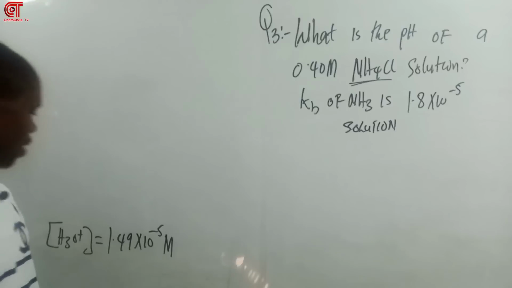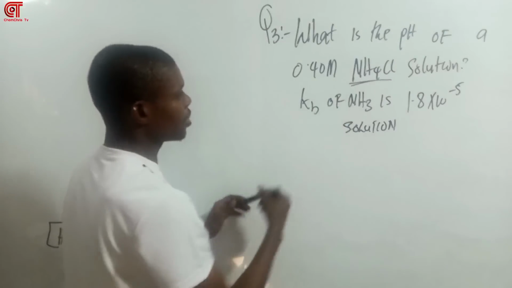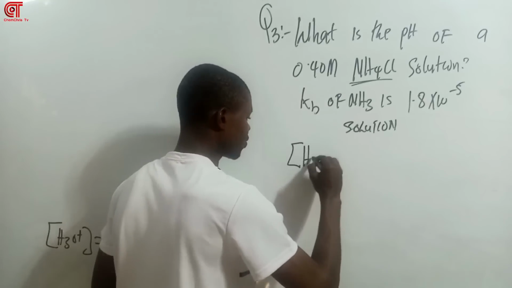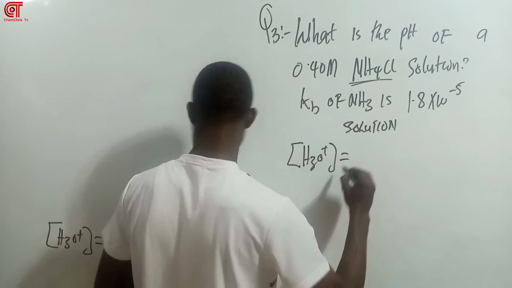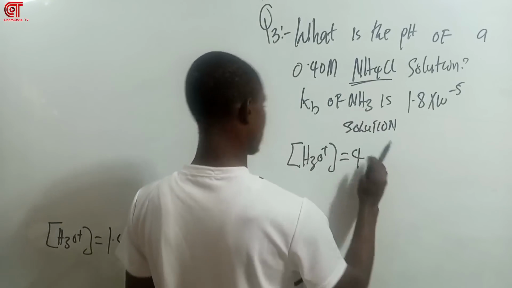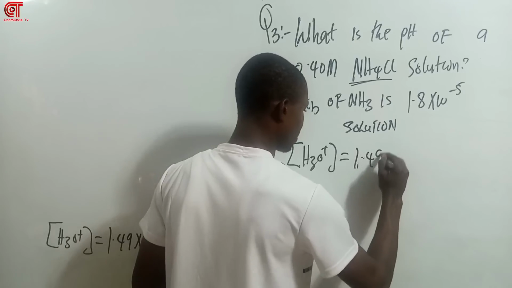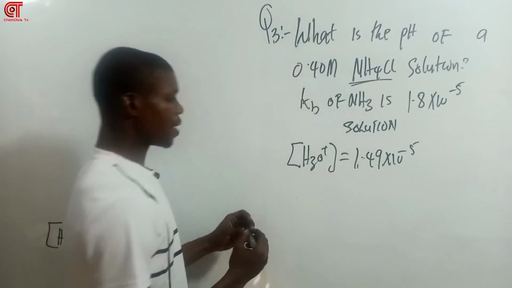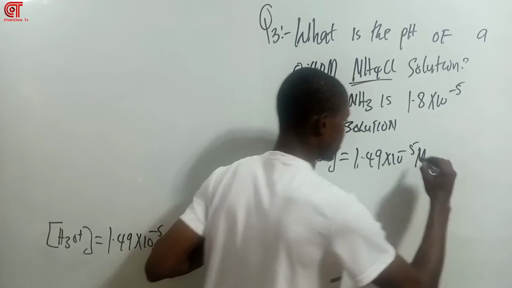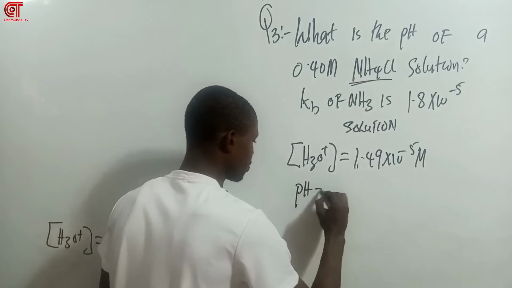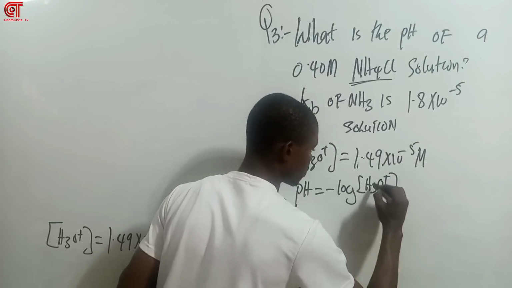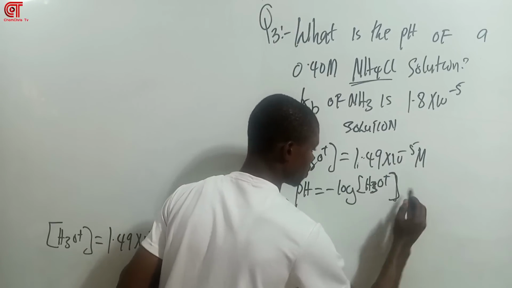So now from the calculation here, my concentration of H3O plus is 1.49 exponential minus 5, right? Now, how do you calculate our pH? My pH is equal to minus log H3O plus, right?